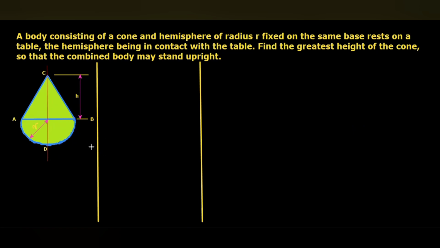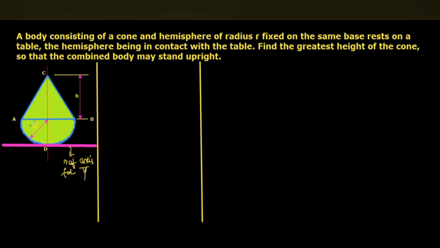Then this hemisphere is going to rest on a table, and this we can consider as the reference line, or reference axis, for the calculation of y bar. Since it is symmetric about the vertical axis, x bar will be equal to the radius, so we are going to omit that here.